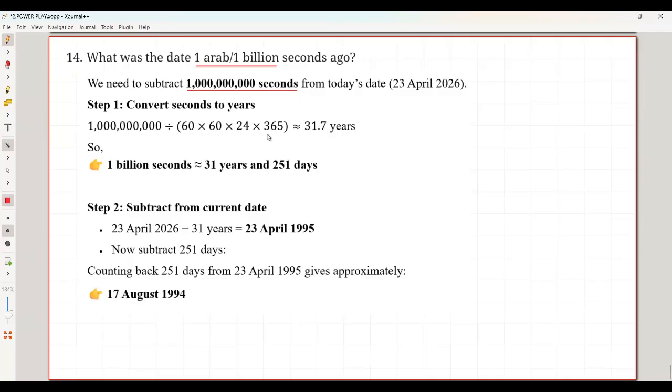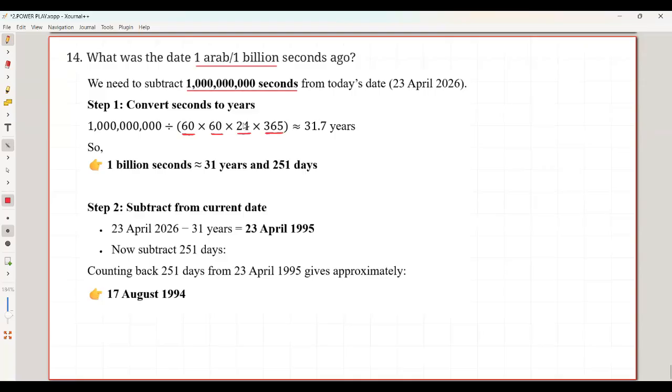1 year you are having 365 days. Each day we have 24 hours, each hour we have 60 minutes, each minute we have 60 seconds. So we are converting the seconds into days, and then into years.